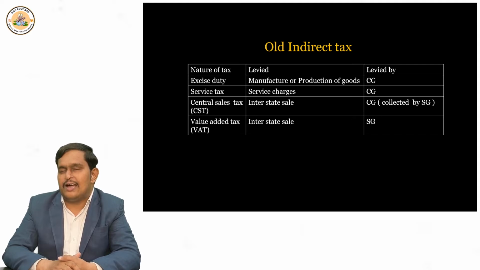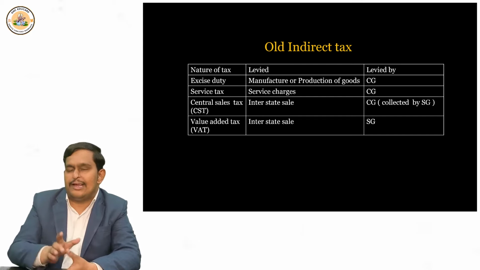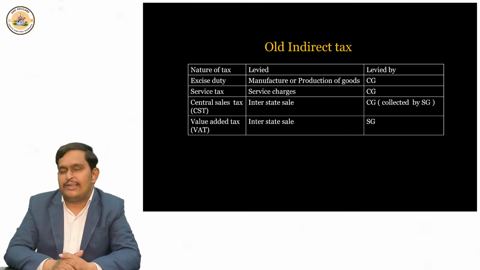Now a second authority of tax came into the picture. See VAT, value added tax. It is a tax on sale within one state. Suppose I made some product in Telangana and sold the goods in Telangana itself. Then VAT was imposed.